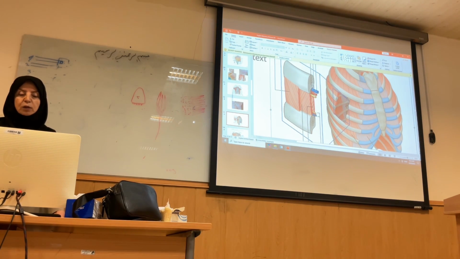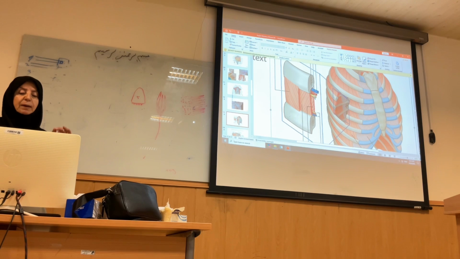This is the costal groove. Do you remember, yesterday I explained to you about the costal groove. I told you the intercostal neurovascular bundle passes through this groove: the intercostal vein, intercostal artery, and intercostal nerve.